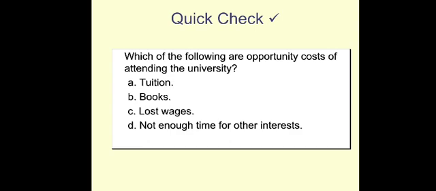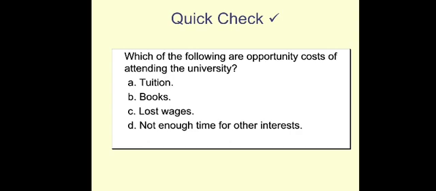What are the things that you have forgone, or the benefit that you have ignored? So let's see the options here. A, tuition fee. B, books. C, lost wages. D, not enough time for other interests. What are the things that you have sacrificed when you go to university instead of working?